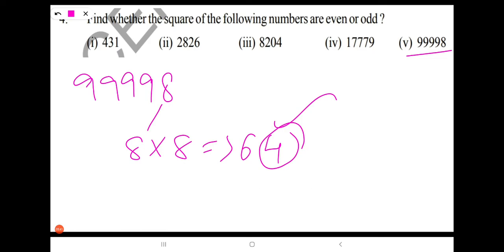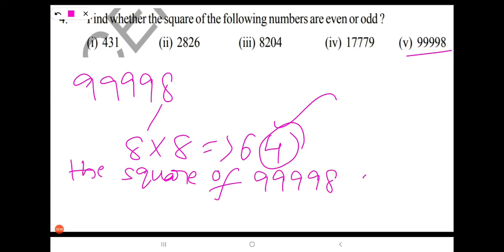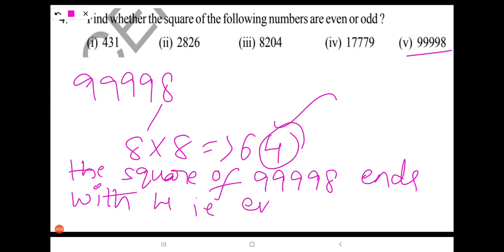So the square of 99998 ends with 4, that is, it ends with an even number. Is it clear? Everything is fine. I hope you understand.